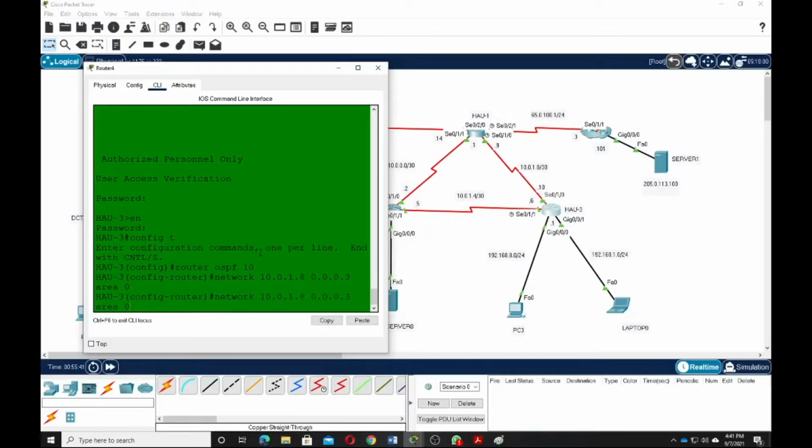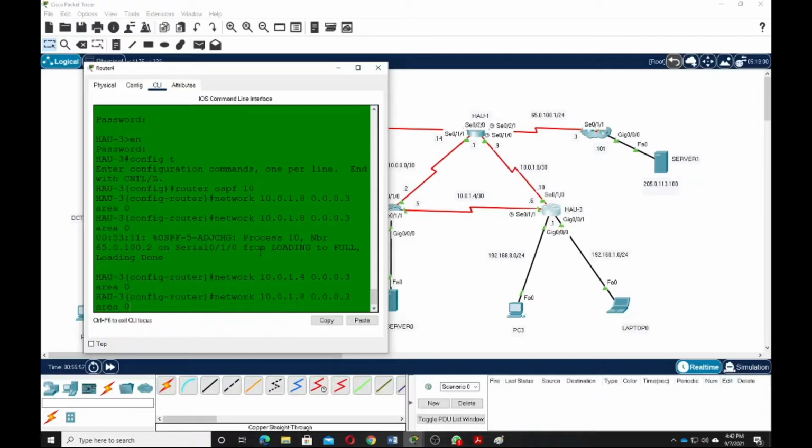Another network, and it's establishing the neighbor relationship. And then we have .4, enter.